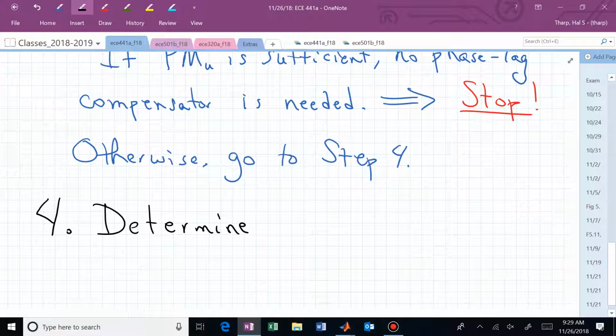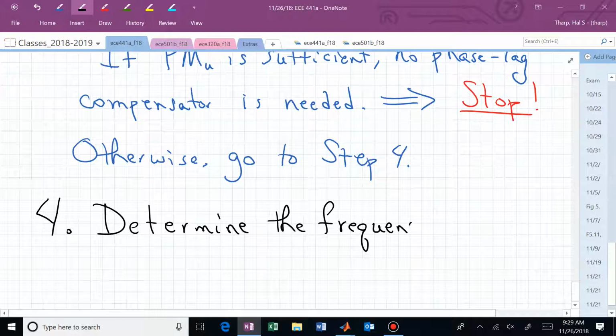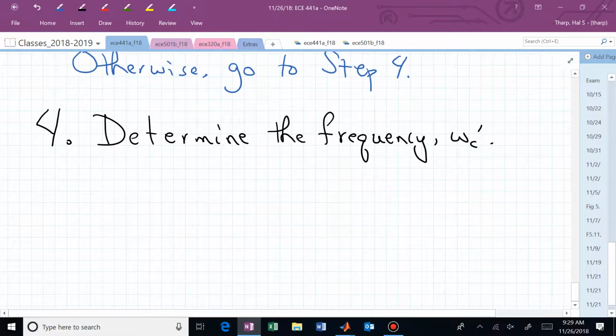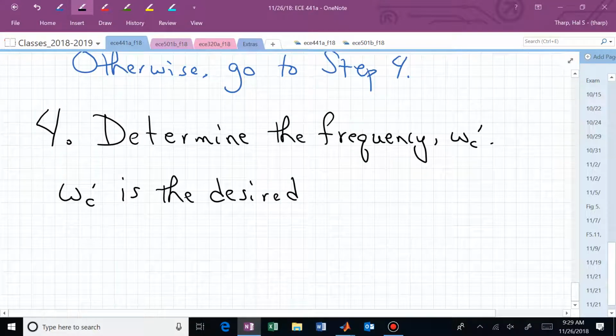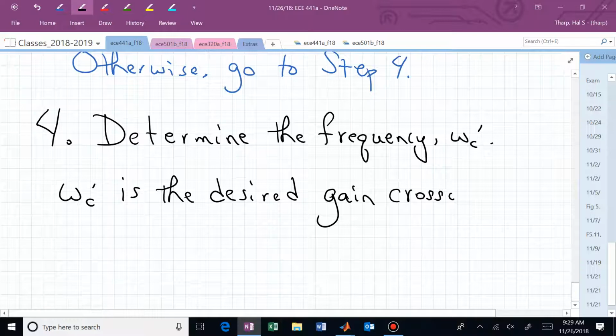So now we determine the frequency that we were now calling omega sub c prime. And omega sub c prime is the desired gain crossover frequency.